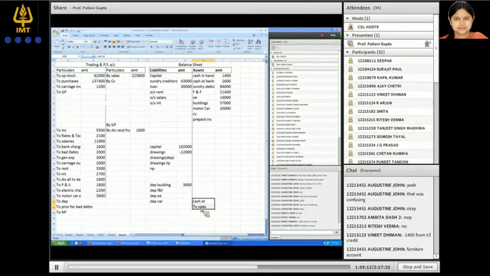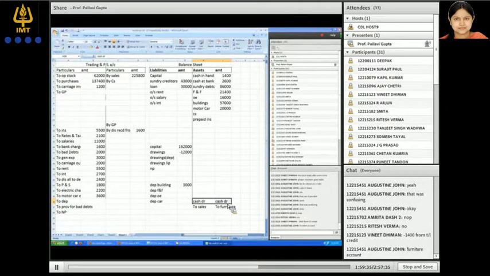So the entry should be like this: cash debit to furniture. It should be the entry.